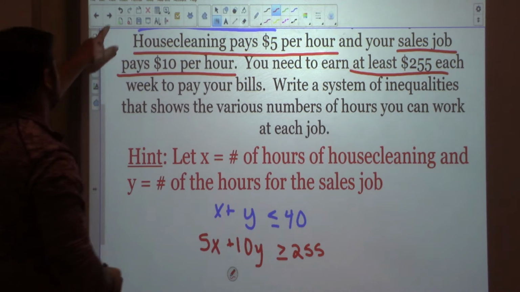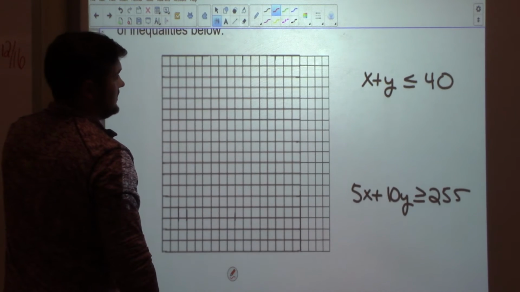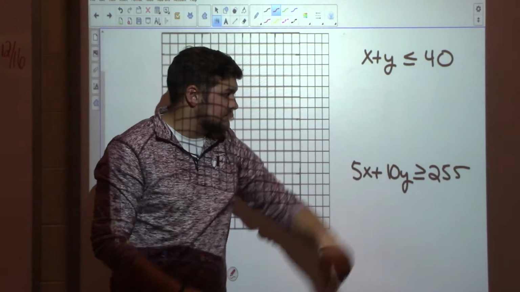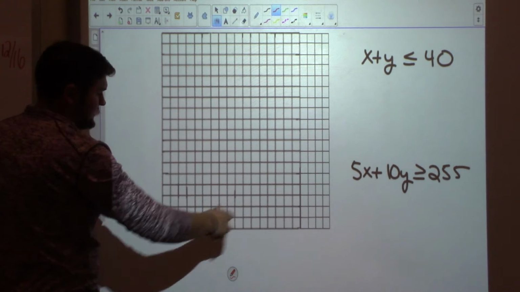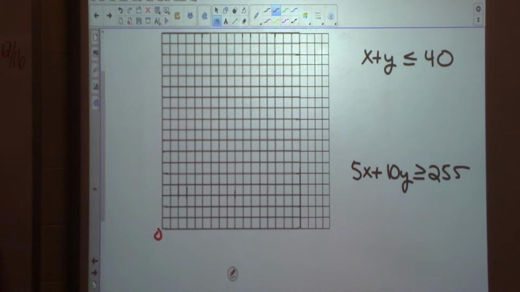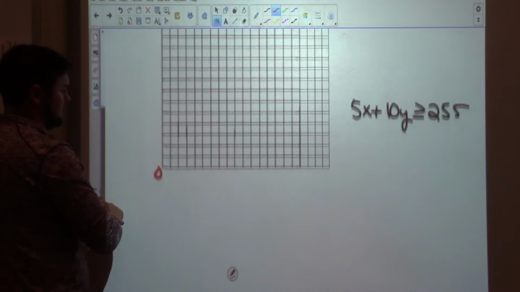Alright, if you look at our graphs, so x plus y is less than or equal to 40, 5x plus 10y is greater than or equal to 255. Am I ever going to work negative hours? No, so I'm just going to have positive values along my x and y axis. Once again, I really don't care what you go by, as long as it's a constant scale. I'm going to go by 5s every other line down here.